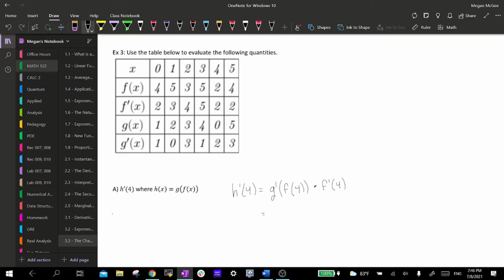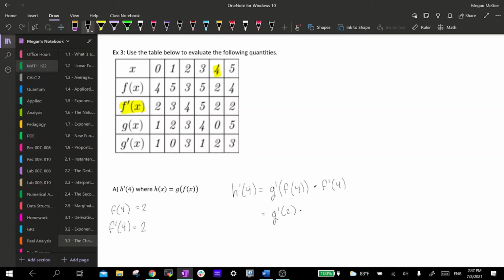Okay? So we need f of 4. So we'll look at the f of x row, and the 4 column tells us that f of 4 is 2. So we need g prime of 2 times, well, what's f prime of 4? So now we need to look at the f prime row, again the 4 column, and we find that f prime of 4 is also 2.